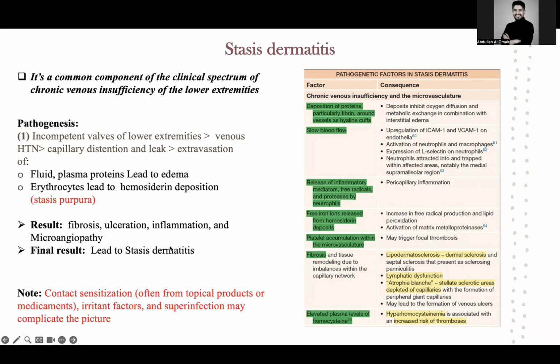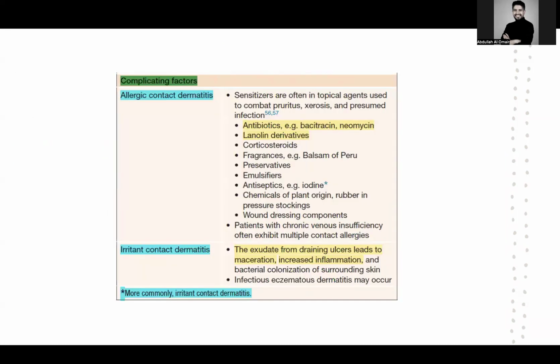An important part is that these patients may be complicated by other things, such as irritant factors and superinfection, that may complicate the picture that we have here. I'm going to just highlight a few things. First, a patient who has stasis dermatitis and takes an antibiotic like bacitracin or neomycin may have a risk of developing an ulcer.